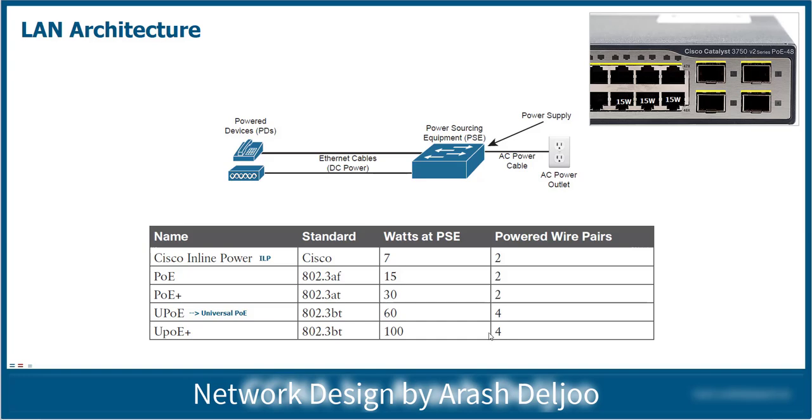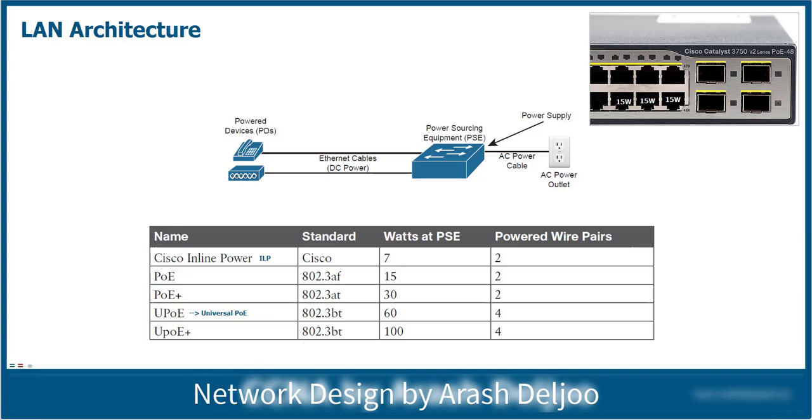We don't have any problem supplying power and data simultaneously on one link, so don't worry about the four powered wire pairs. This is related to which of them your device supports: PoE, PoE plus, UPoE, UPoE plus. Actually, if your device supports PoE, the cost of this device is lower than PoE plus, then UPoE, and then UPoE plus.